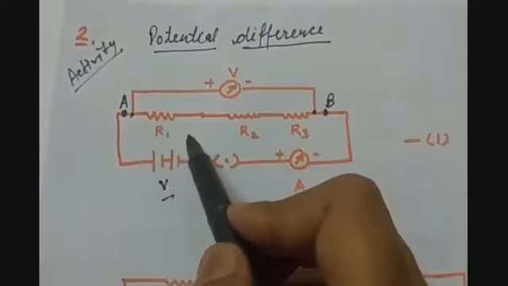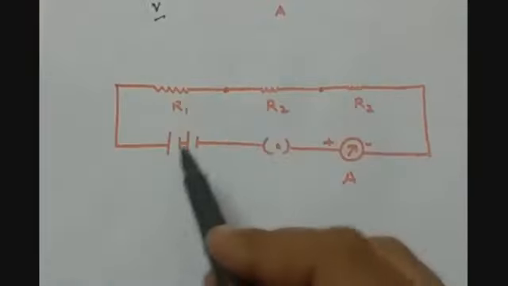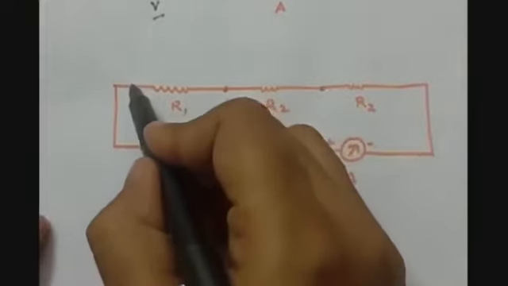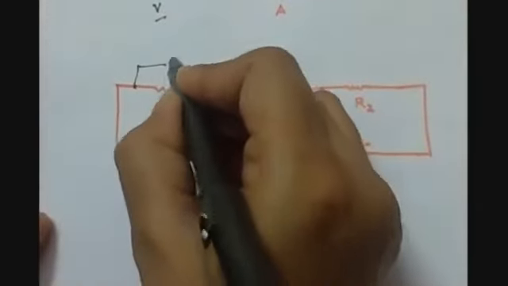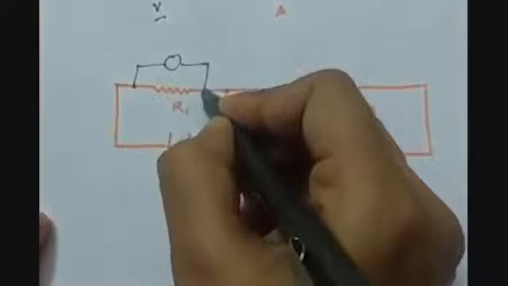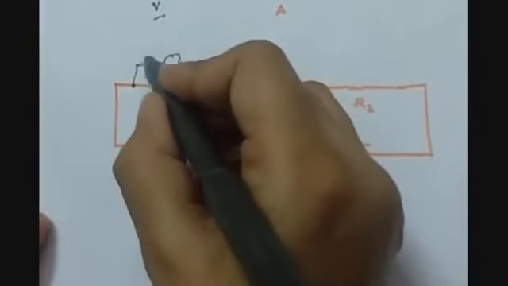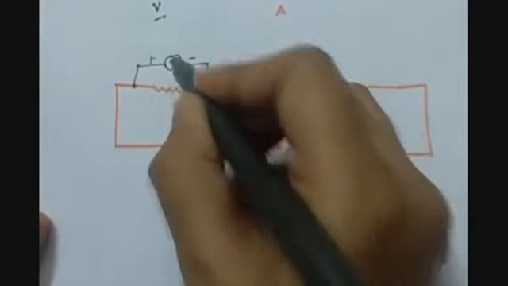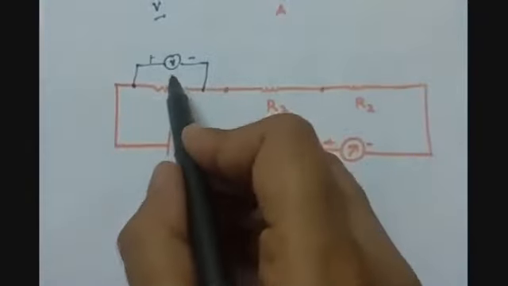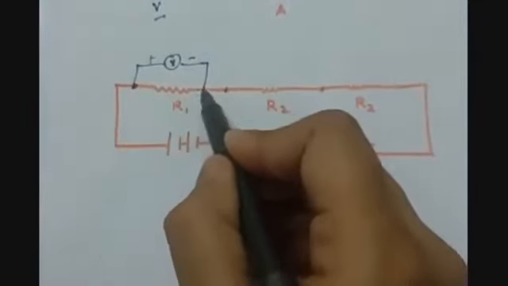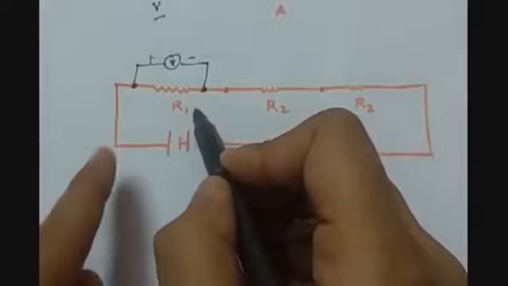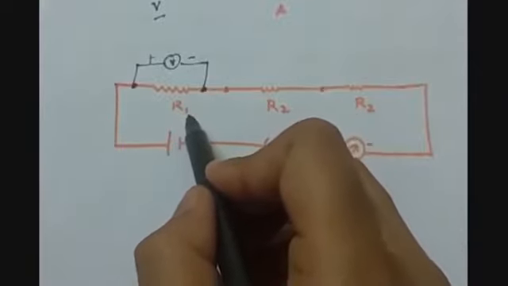Then what we will do? We can connect a voltmeter here, which will have a positive and negative terminal, and this voltmeter will give us the reading of the potential difference across the resistance R1.